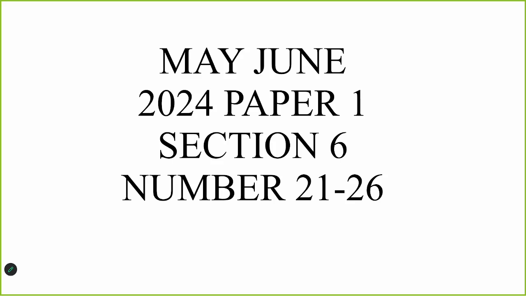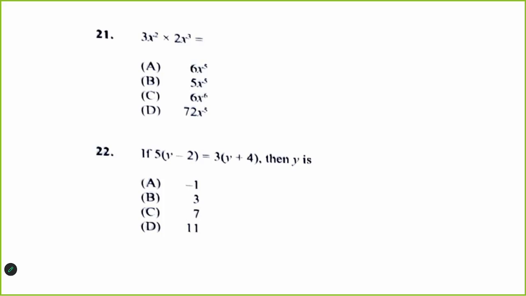Let's look at May, June 2024. 2x to the power 2 multiplied by 2x to the power 3. This would be 2 multiplied by 2 multiplied by x squared multiplied by x cubed. That's 4 multiplied by x to the power of 2 plus 3. Bases are the same, so we add the powers.